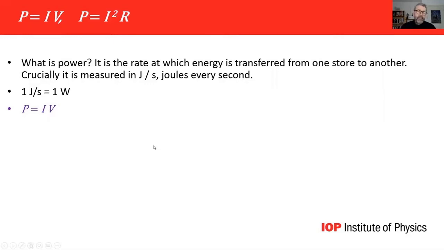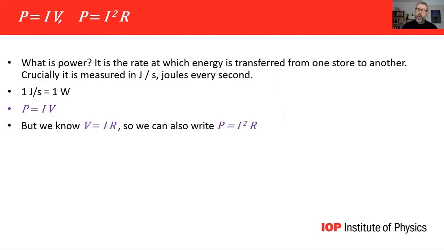And from this, and using the equation we met in the previous slide, V equals IR, what we're able to do is perform a little bit of algebra, which we'll look at in a few moments' time, and derive that power is also I squared R. Now, this is a very important equation, and it's a very useful equation.